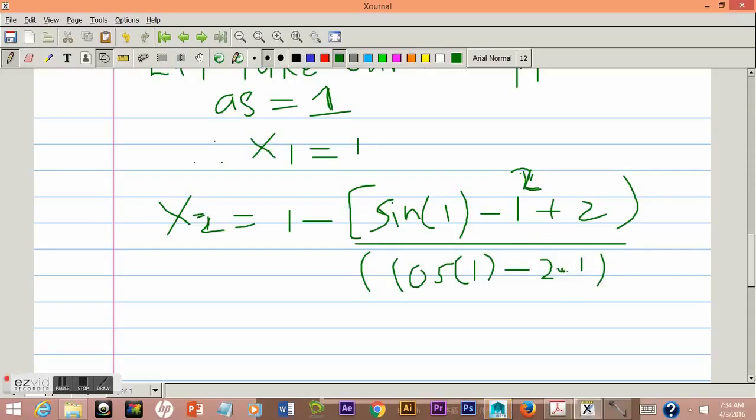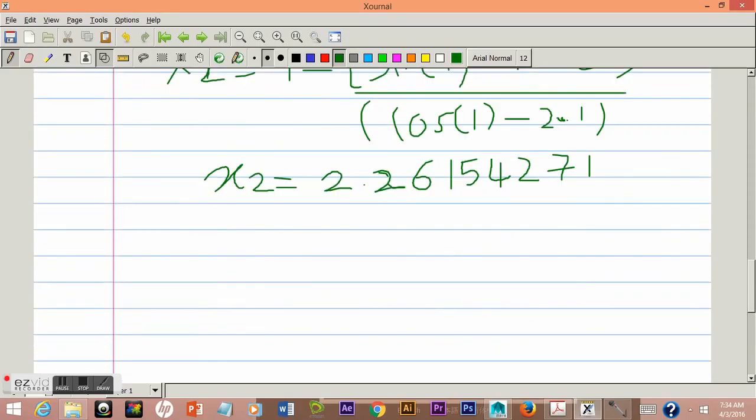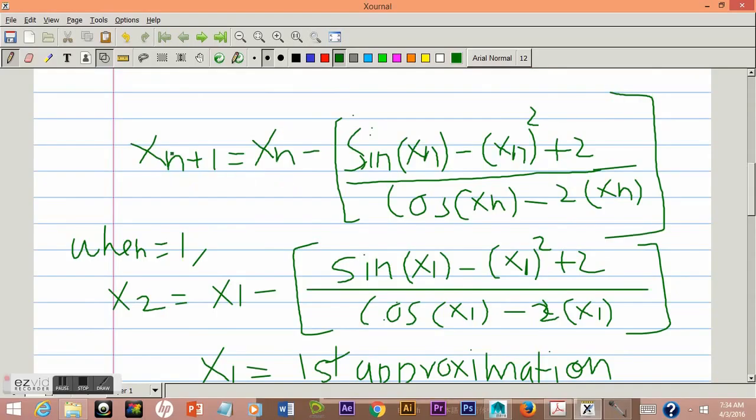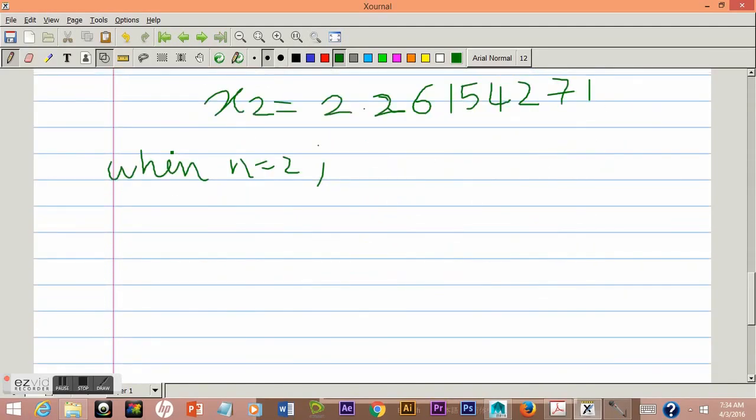When n equal to 2, in this function, if you put n equal to 2 here, you will get x3 equal to x2 minus sine of x2 minus x2 square plus 2 over cosine of x2 minus 2x2.